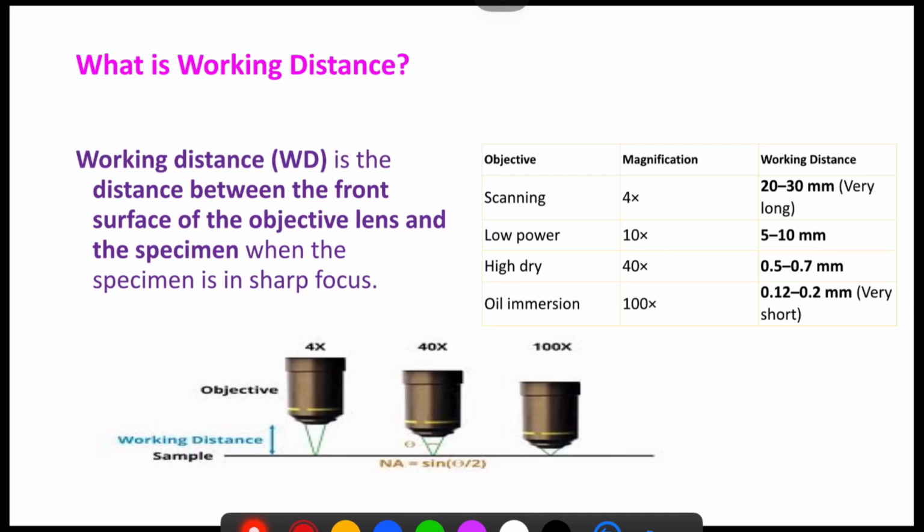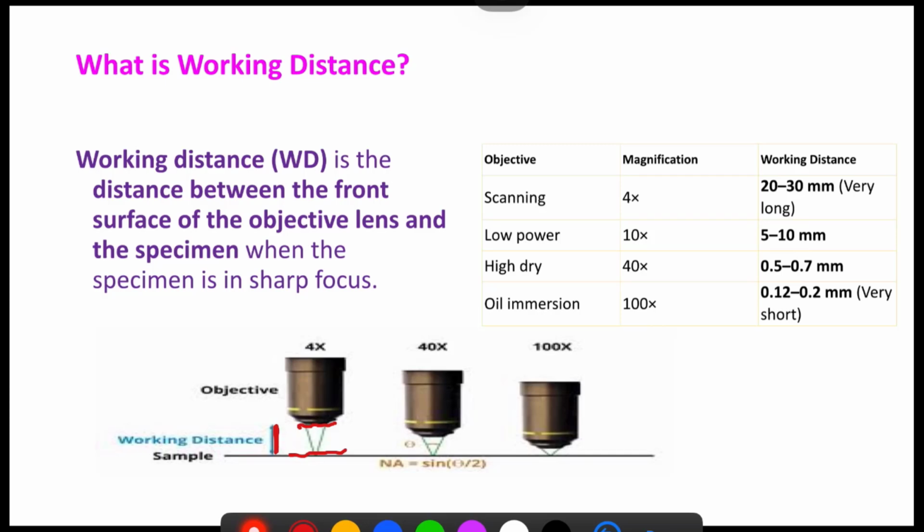Now what is working distance? WD is the distance between the front surface of the objective lens and the specimen when the specimen is in sharp focus. So this is called working distance.